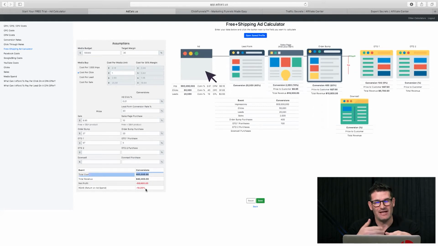And when you build your list, now you're going to get that person into a sequence on the back end. You're going to start emailing that user with the ultimate goal to indoctrinate them and then get them to purchase your core product, your higher ticket, or other low tickets. But at the end of the day, you're going to start to monetize your list and you're going to start to build your asset.